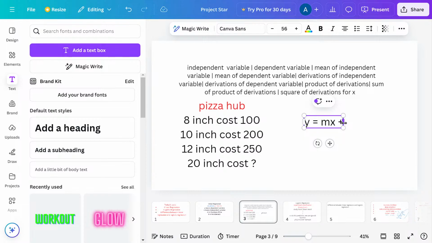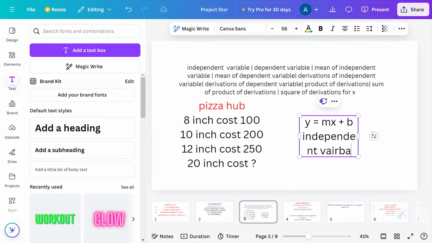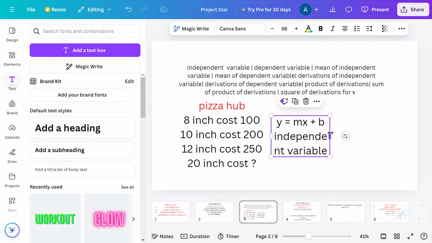As we know, this is a linear regression equation, y equals mx plus b, where we know that this is the independent variable, and this is the dependent variable. So we need to find this dependent variable.